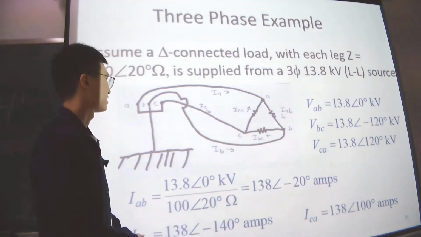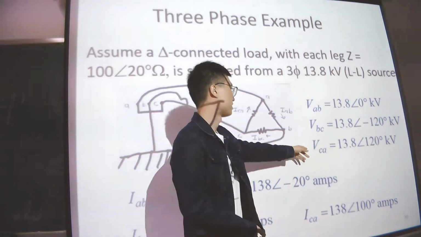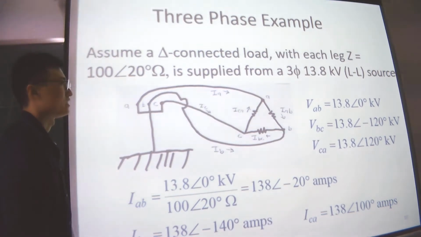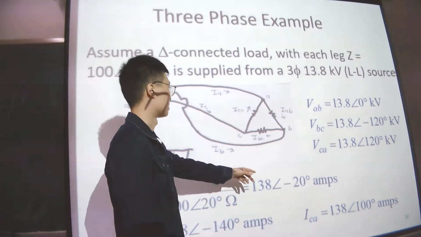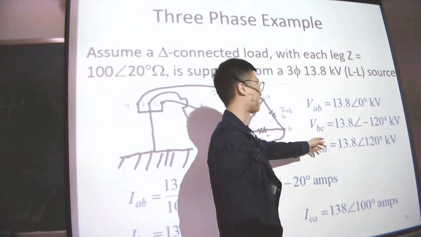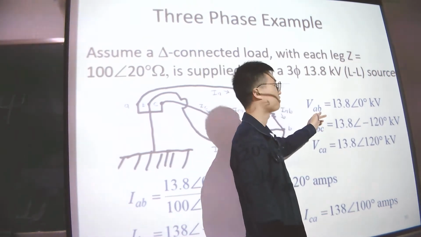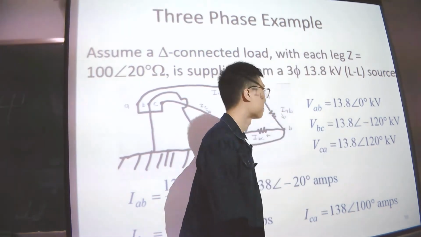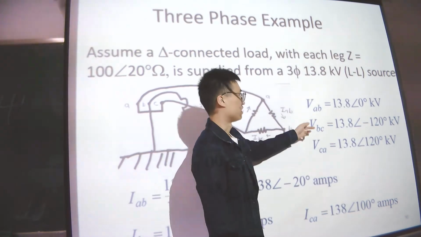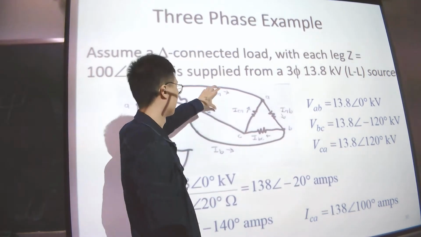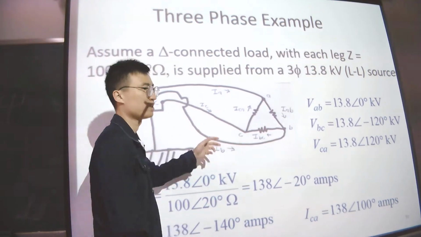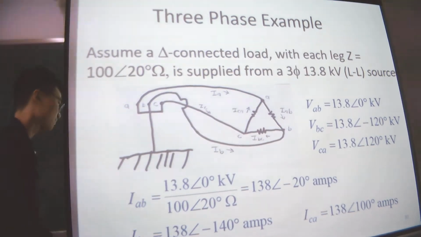Okay, so in the first step, we can just get the net voltage here. We assume that the angle of AB is 0, so this is the line voltage between any two of the three lines of the system.